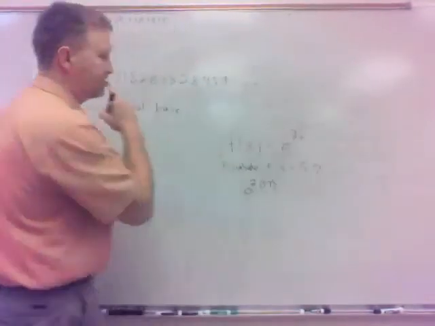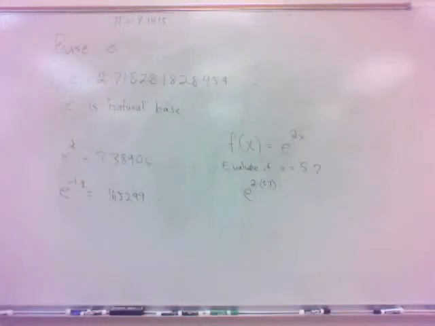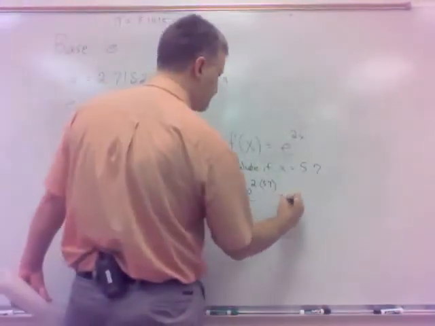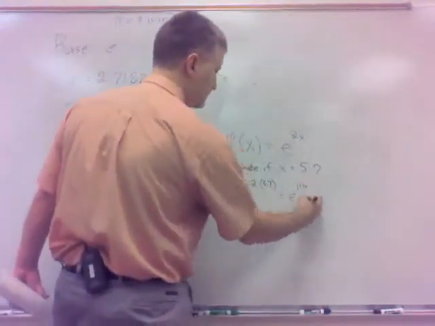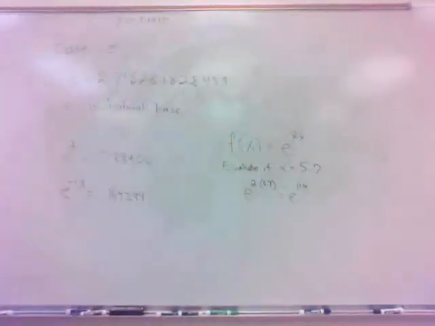We haven't done those, but that means 2 times x, so it'd be e to the 11.4. 2 times 5.7? Yeah, so you just punch in e to the 11.4. Is that okay?